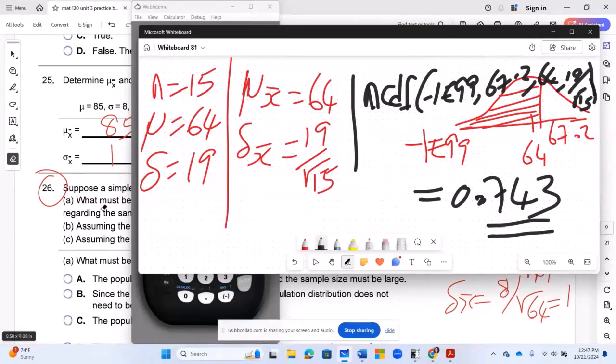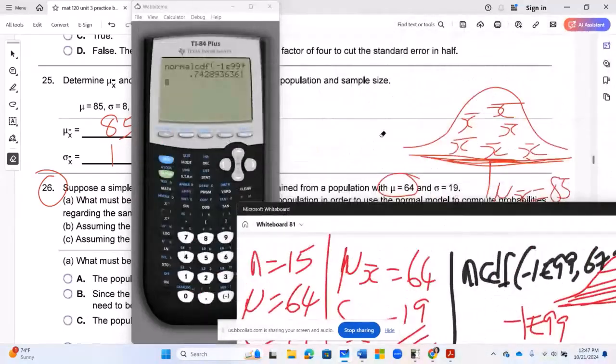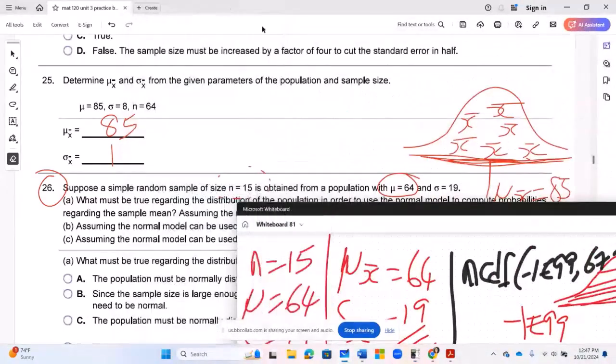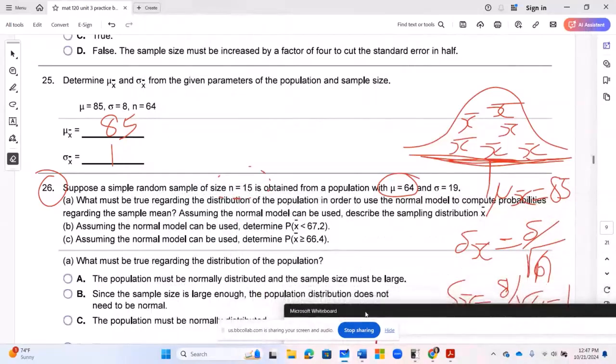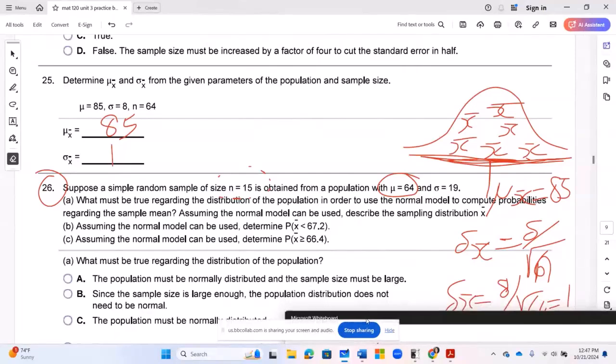Let's look at that question again. The question says, B, since the sample size is large enough, the population, okay, that's B. A: assuming the normal model can be used, determine. So I just found the area to the left of 67.2.